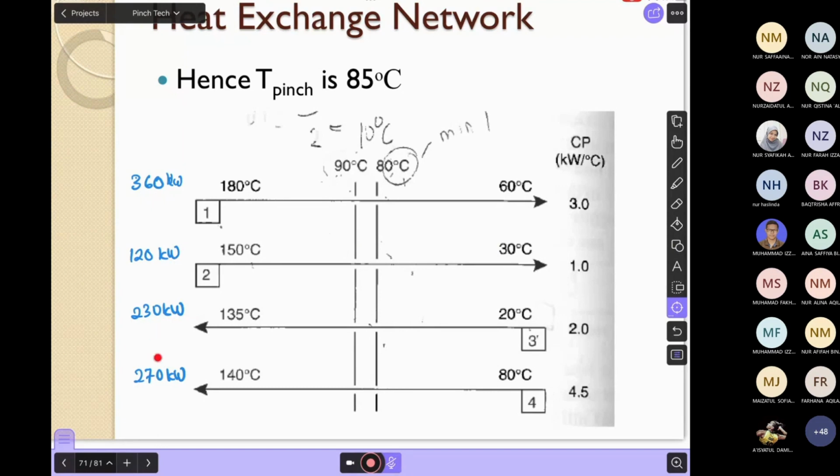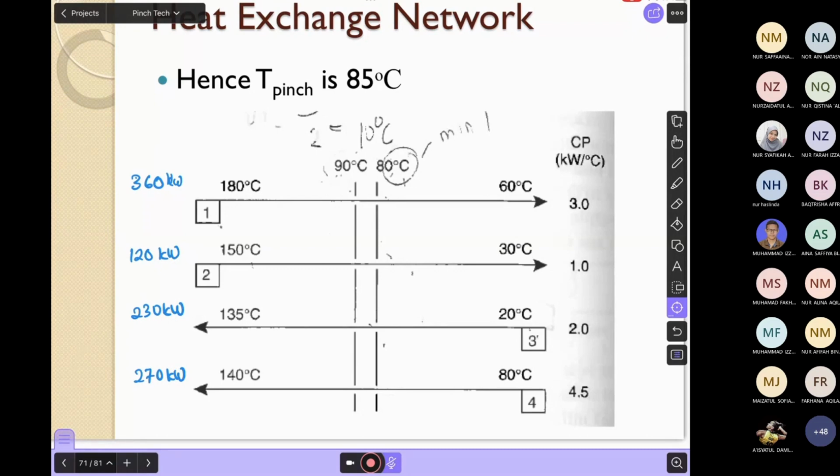But you can also choose stream number 4, because the energy in the cold stream here is the higher one, 270. So if I want to deal with stream number 1 with stream number 3, I need to have a cooler in front here, where the cooler requires energy 360 minus 230. What is the number? 70 kilowatts.